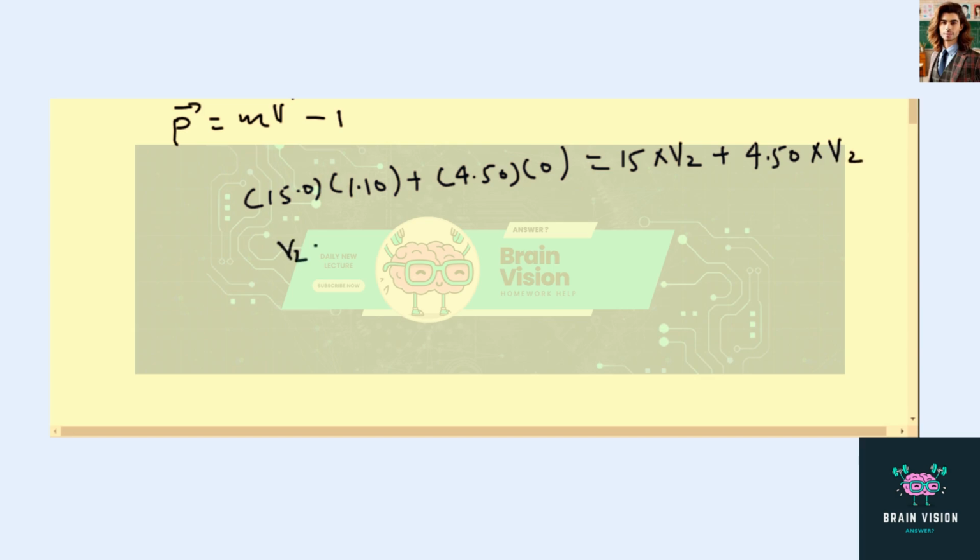Solving for V2 is equal to 15.0 times 1.10 divided by 15.0 plus 4.50, and that is equal to 0.846 meter per second.